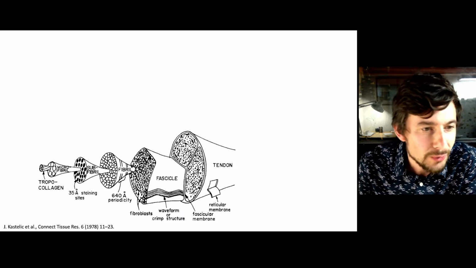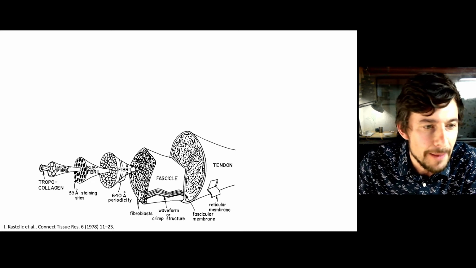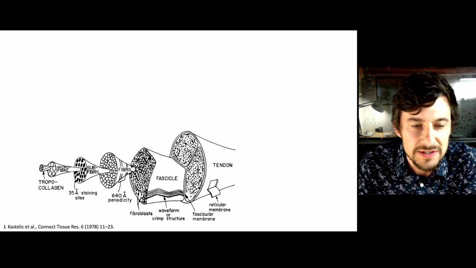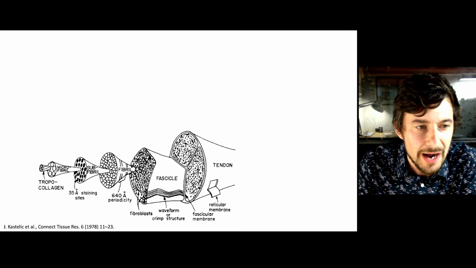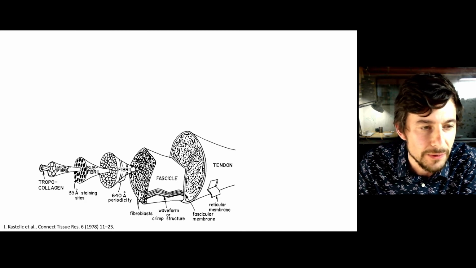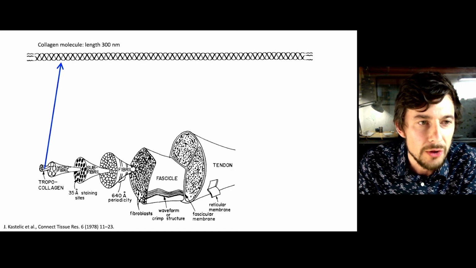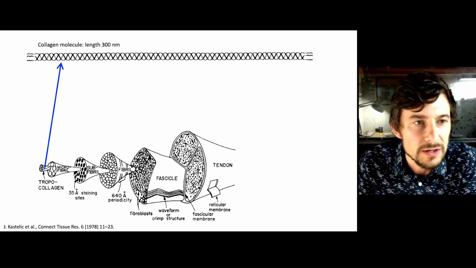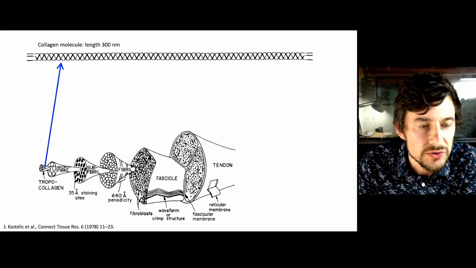So just to make sure we're all on the same page in terms of basic collagen structure, here's a cartoon of the structural hierarchy of tendon. And of course, we know that way down over on the left, we have collagen molecules, which are long, slender, triple helical structures.